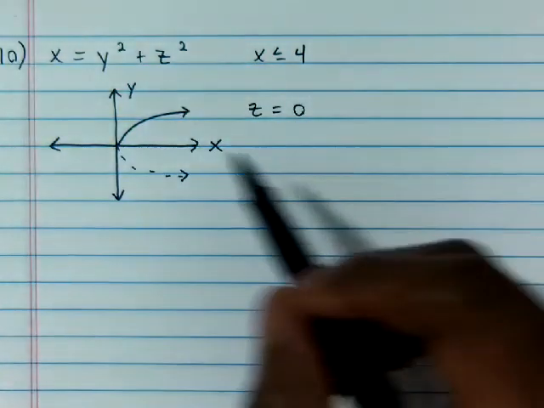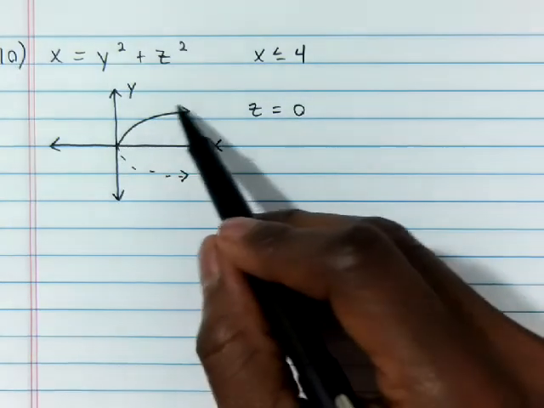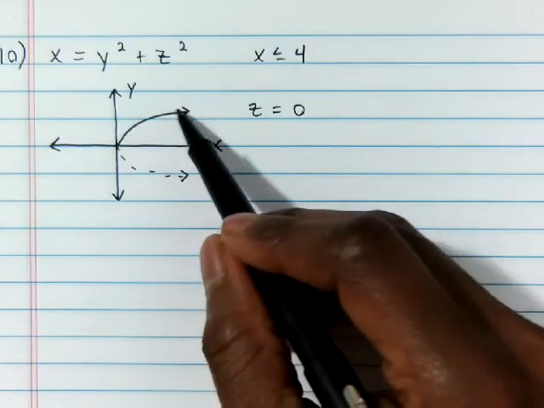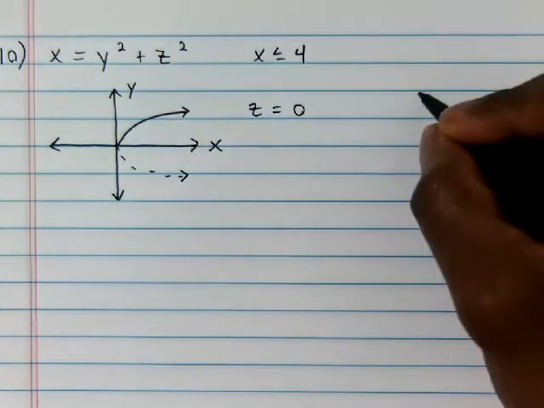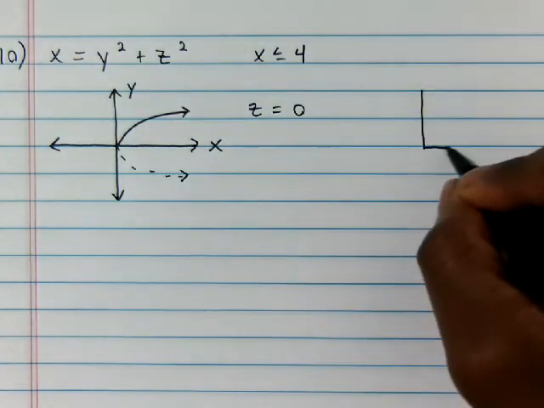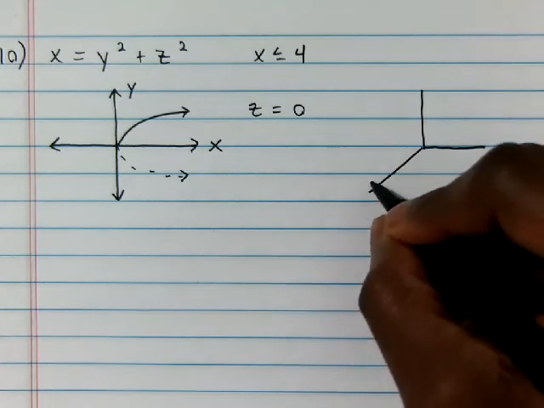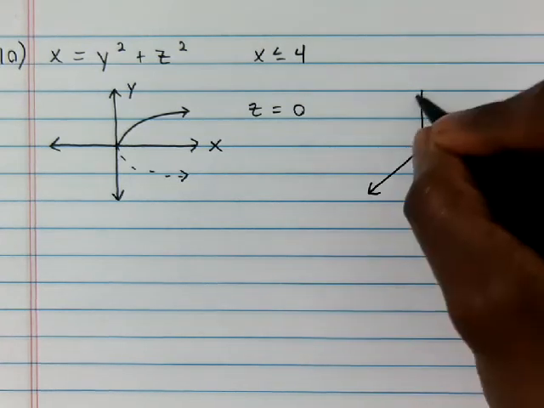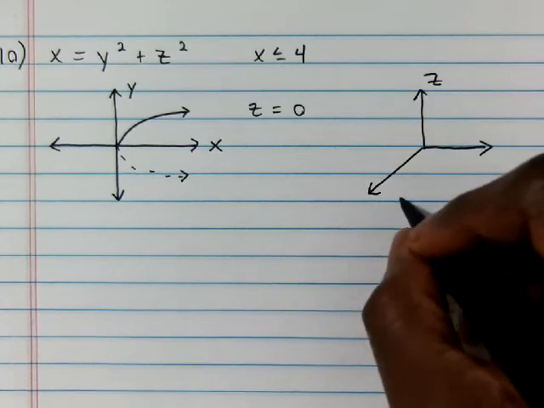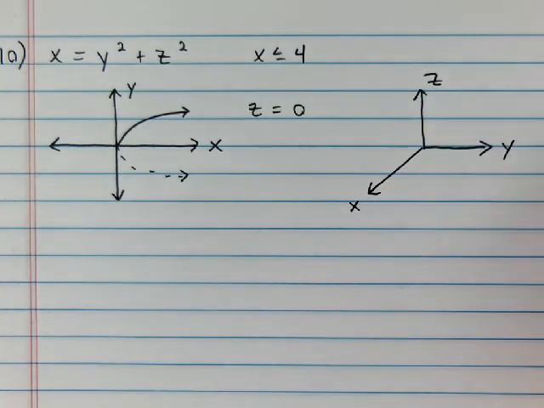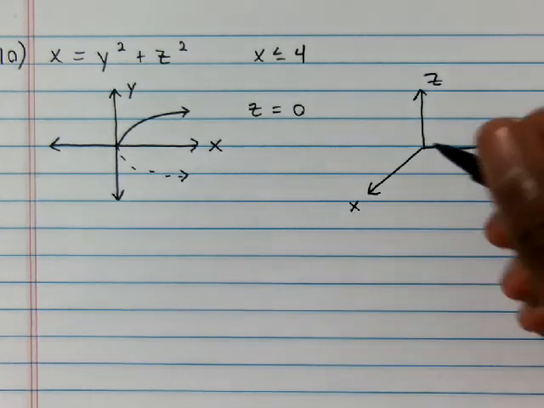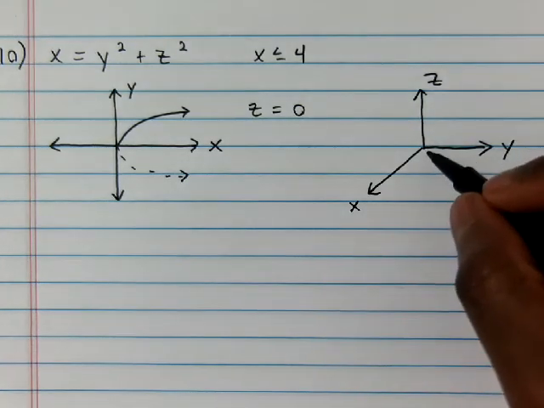But now, if we want to use a surface of revolution, we can look at, okay, in 3 dimensions, what we would get is this thing is going to look like this. Now, you don't have to go through all of this when you're doing a problem like this, but just so you understand what's happening. So what did we just sketch?